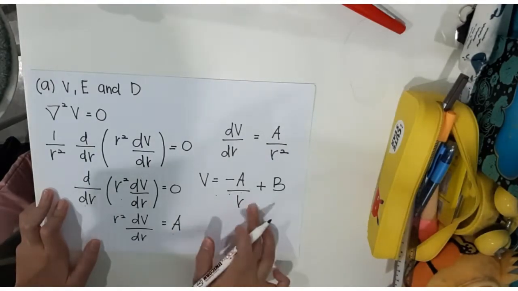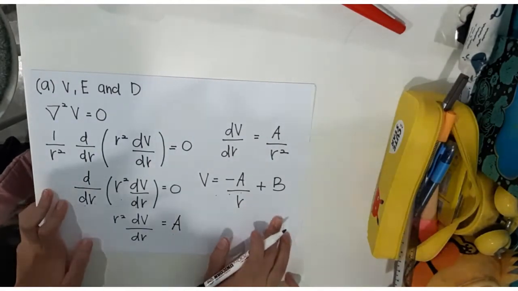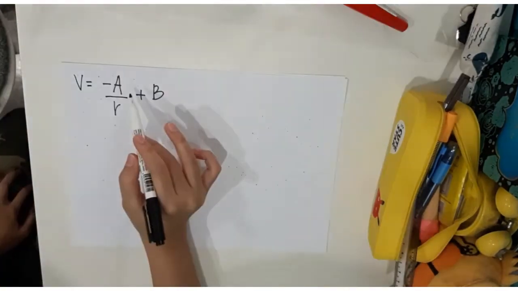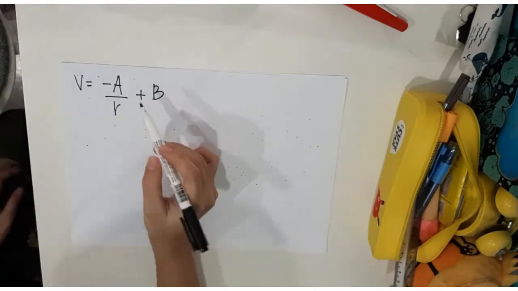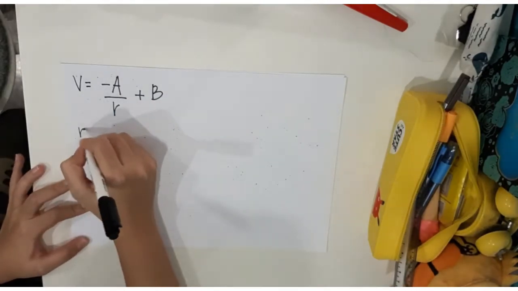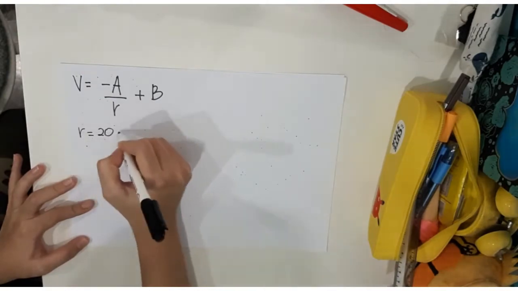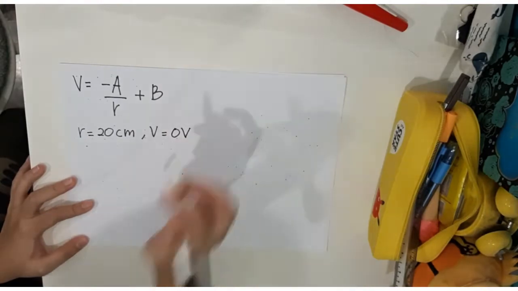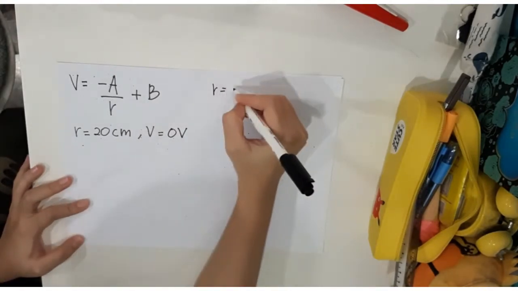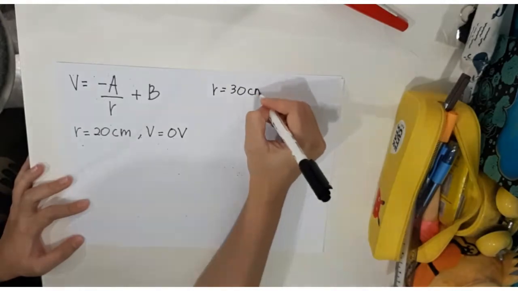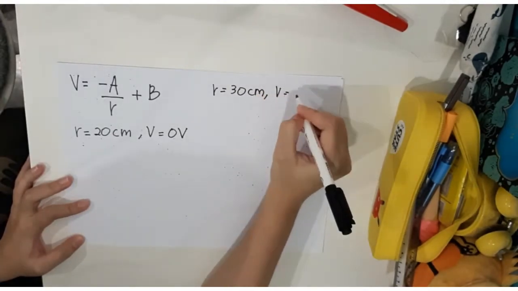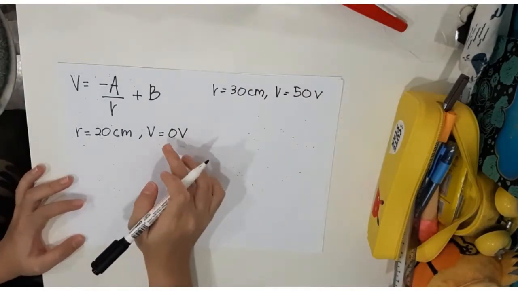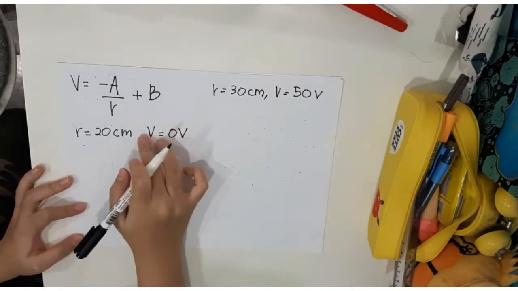So we can find the value for A and B based on the info that they give in the question. They give us R equal to 20 cm, then V equal to 0 volt. If R equal to 30 cm, then V equal to 50 volt. We can get the value of A and B from this equation.